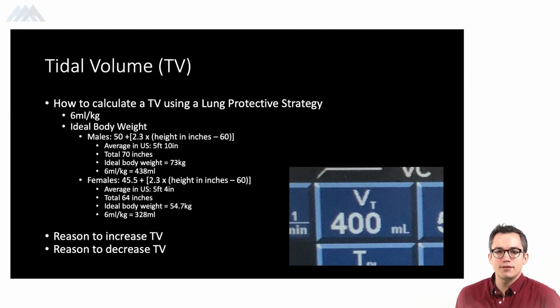And that's going to give us in kilograms their ideal body weight that we'll be able to then plug into our original equation of 6 mLs per kg. And this is going to be the starting point for your patient and a way for you to know exactly what number to plug into the ventilator when you're setting their tidal volume.